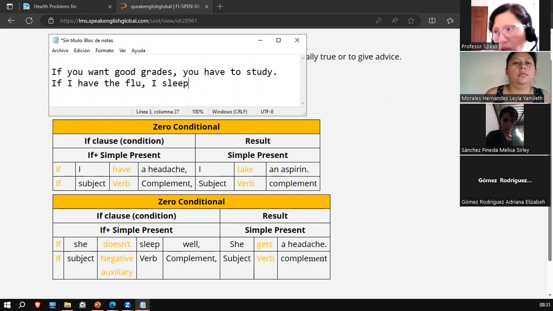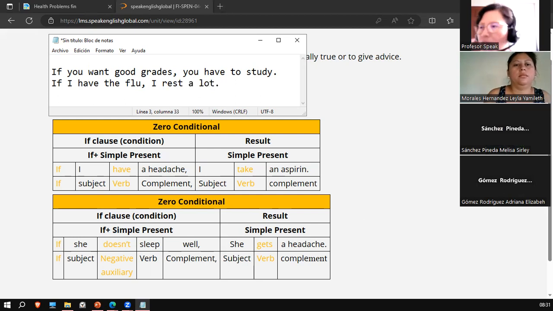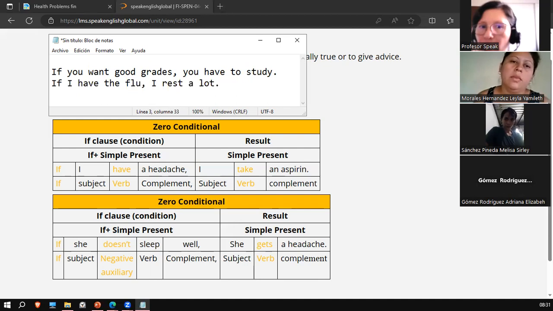Or I rest. Tal vez no dormir, pero sí I rest a lot. Para mí eso es la mejor medicina para la gripe, right? Rest a lot. The body needs a lot of resting when you are like that because your immune system is fighting. El sistema inmune está peleando súper fuerte. Entonces, the best thing that you can do is to rest. So that's what I do when, if I have the flu, I rest a lot.